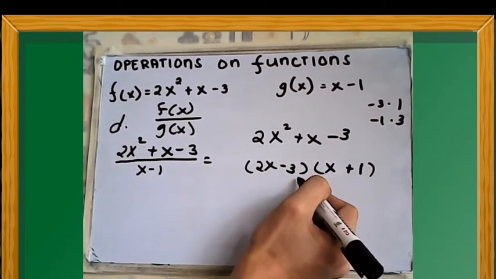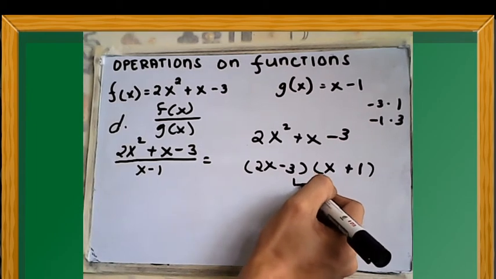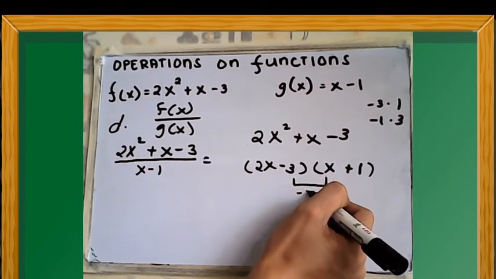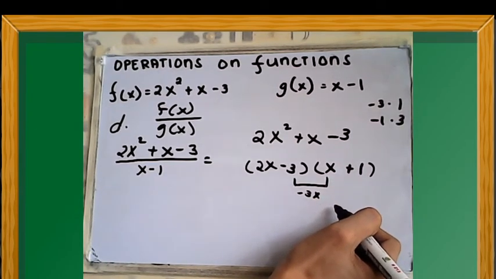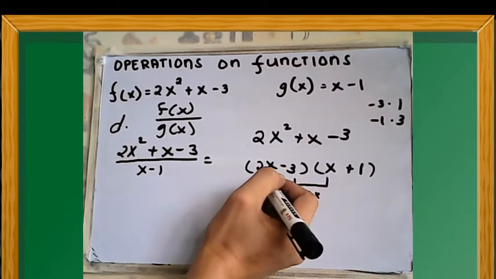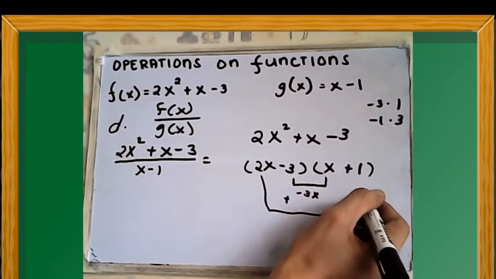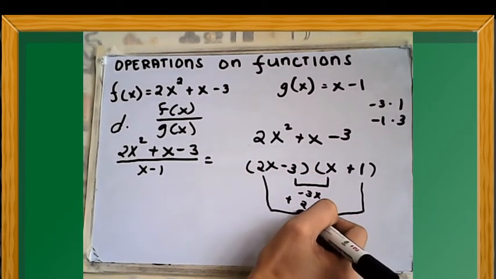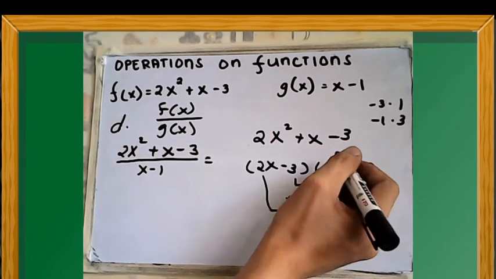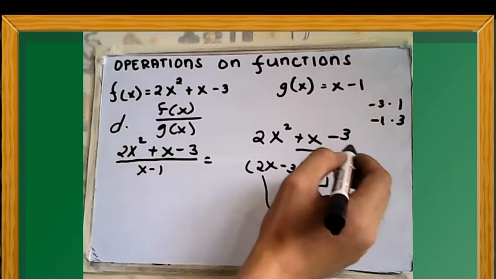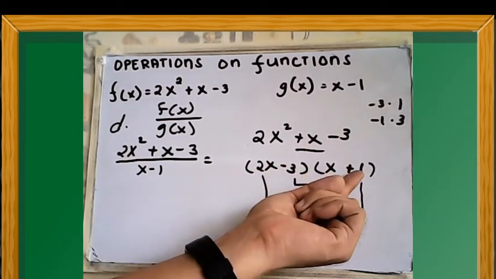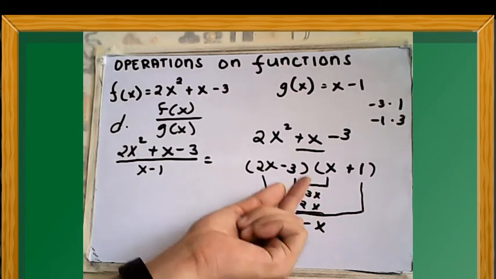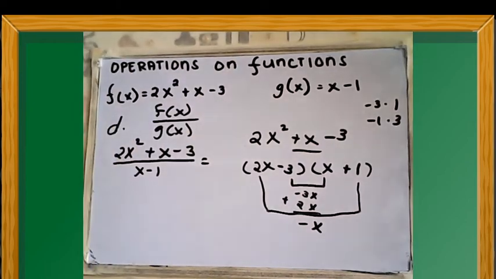Kailangan kapag minultiply natin yung inner part, negative 3 multiplied by x, so negative 3x, plus yung outer part niya, 2x multiplied by 1, so that is 2x. Kapag kinuha natin yung sum niya, negative x. Dapat mag-equal siya dito sa middle term. So negative x ang lalabas, so hindi ito yung sagot kasi dapat positive x.